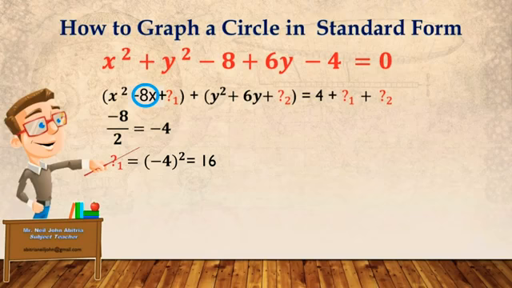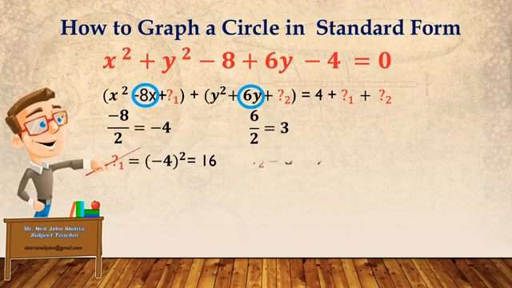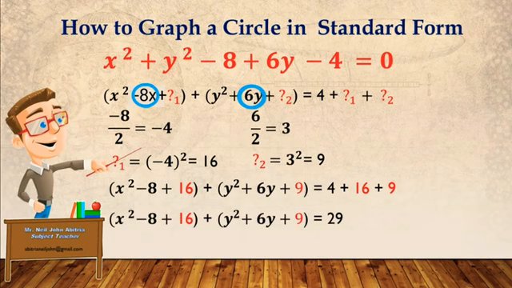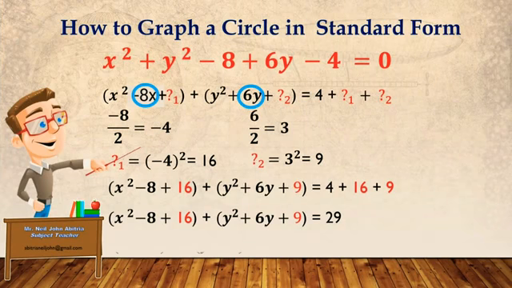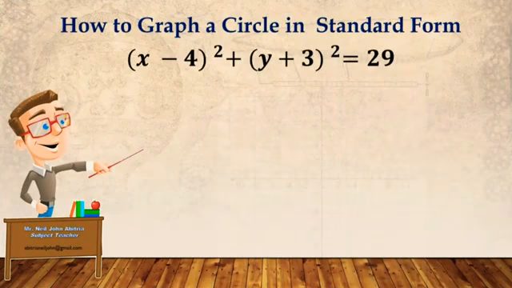That is the new value for unknown 1. Repeat this for the value to be found with the y terms. Replace the unknown values, unknown 1 and unknown 2, in the equation with the newly calculated values. Then, simplify. So, you now have the center radius form for the graph.